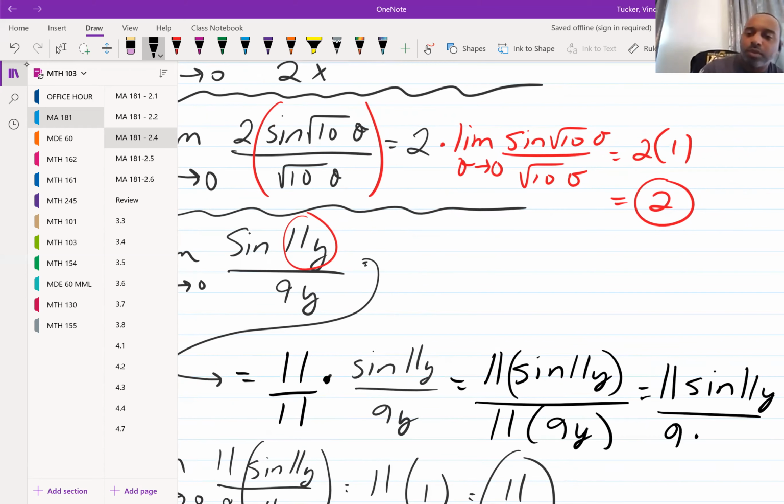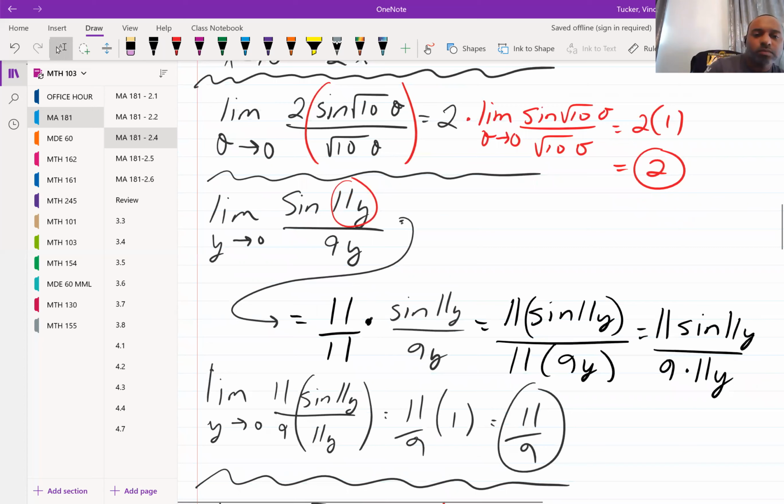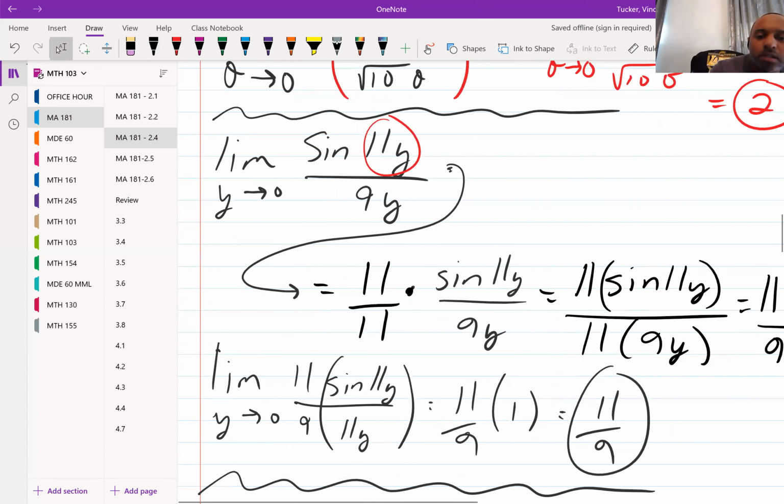It's all commutative, so you can move your terms around, just multiplication. Let me widen it. I just want to clean this up.